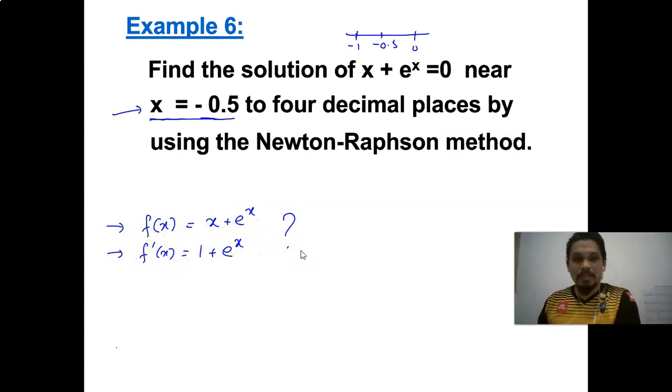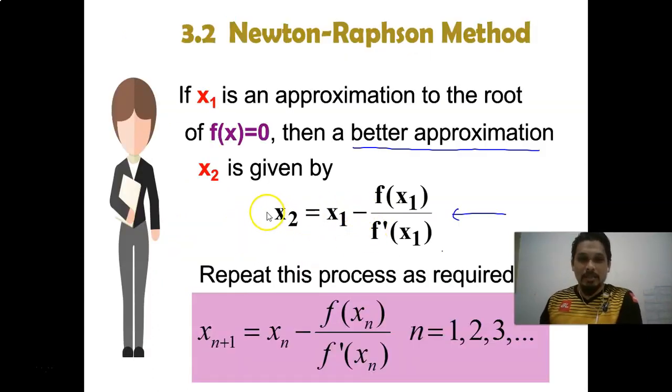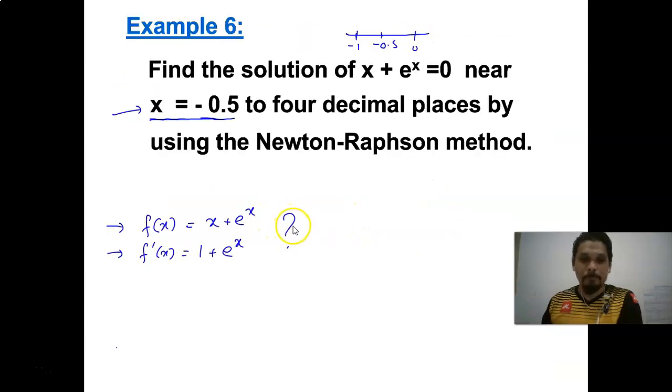Because we are going to find a better approximation from the initial value of x, which is x2 equal to x1 minus f(x1) divided by f prime x1. We substitute x1 into f(x) and also f prime x to get the value of x2.